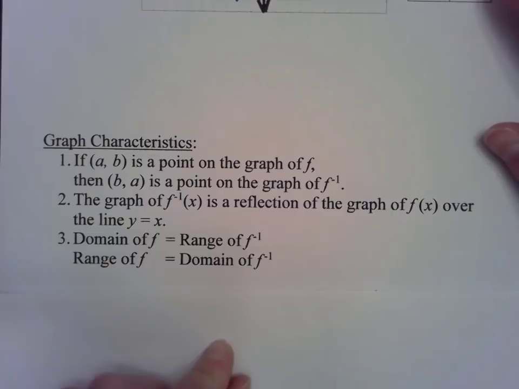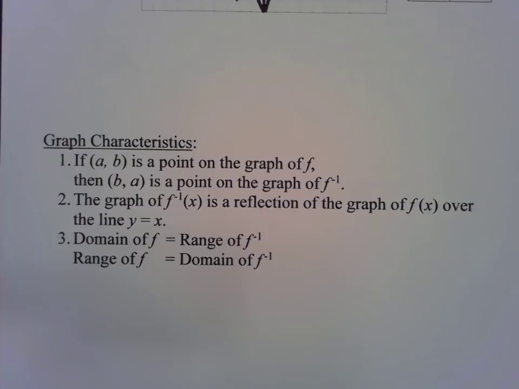So the domain of f becomes the range of f inverse, and vice versa. The range of f becomes the domain of f inverse. Okay, that really is the better part of the story.